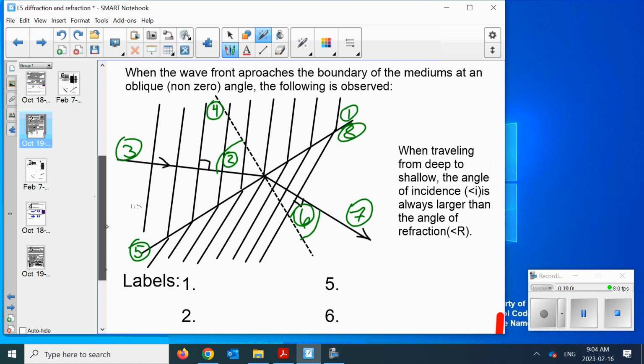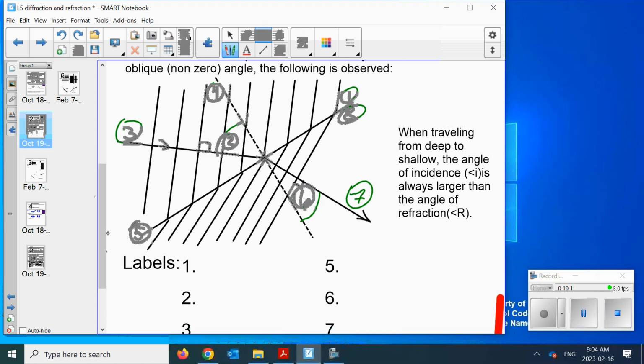Labels, and you guys will fill in. The first thing is, I have 1 and 8. We'll label those. So what would 1 represent at the top right corner? Which is deep water, which is fast, which is deep, which is shallow, which is slow.